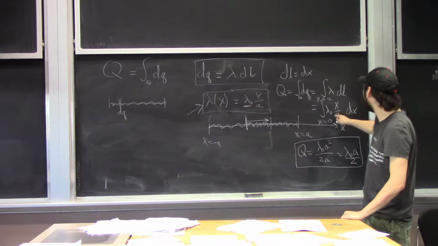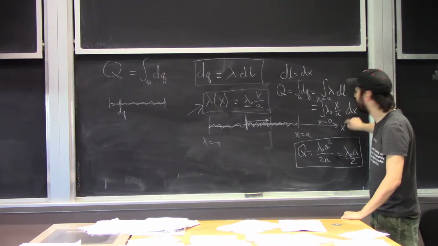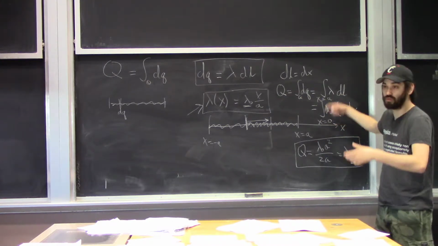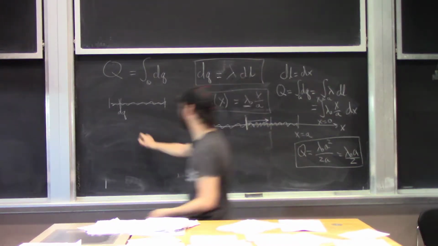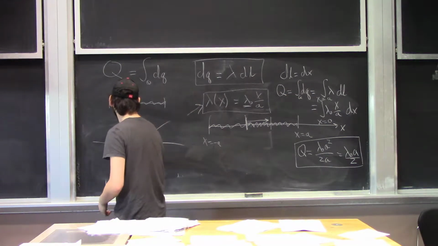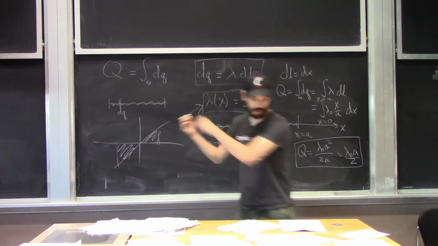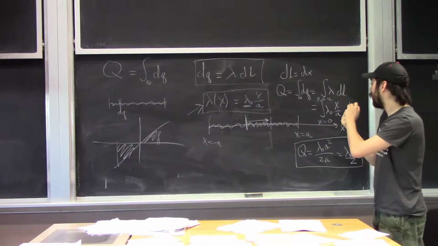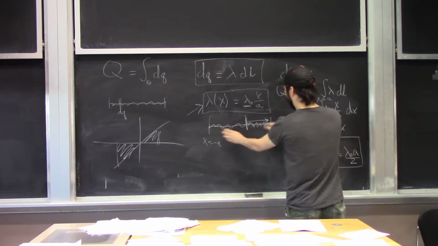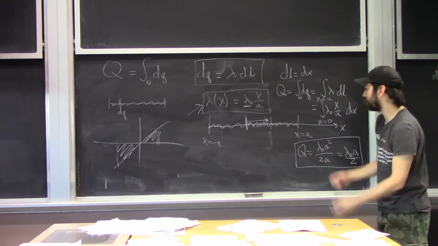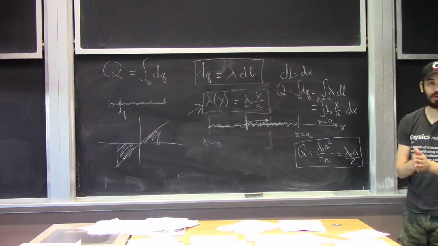This is integrating an odd function, something symmetric across the origin, over an even interval, so those are going to cancel. The physical way to think about this is the charges over here are negative and the charges over here are positive in exactly the same amount, so they're going to cancel. Good.